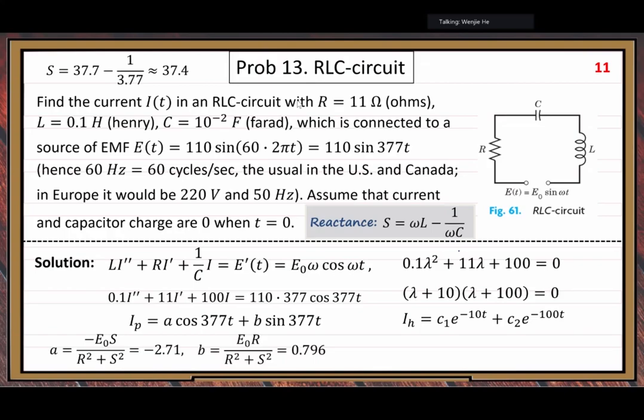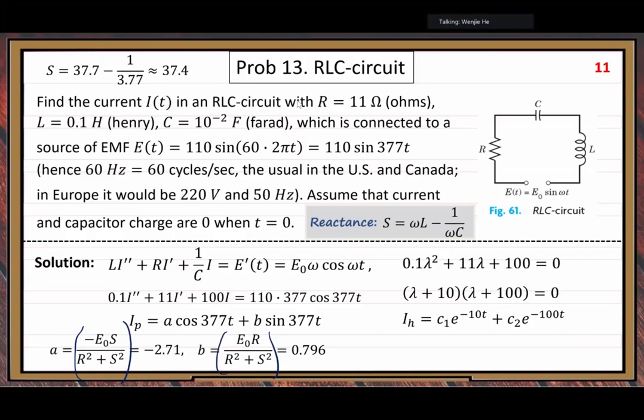After our calculation with the symbols, we get these two formulas for little a, little b. Later you can plug in, so you do not need to go through all the details. You can calculate little a, little b, but you need to calculate capital S first.